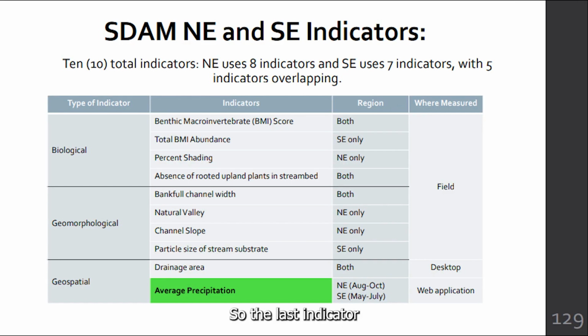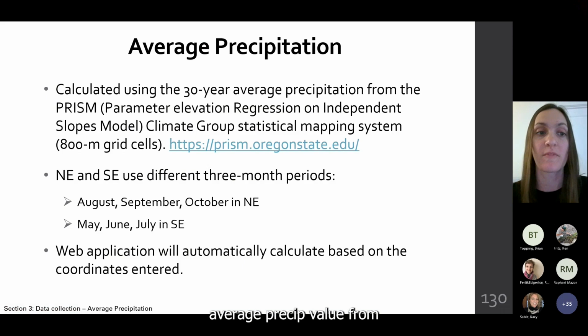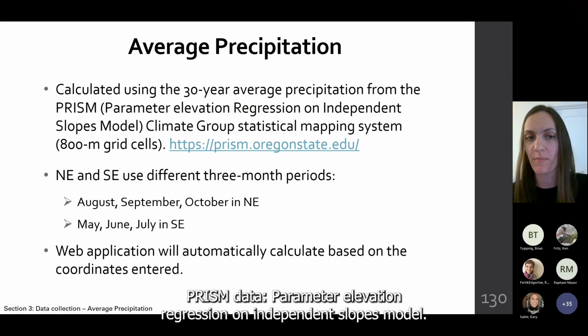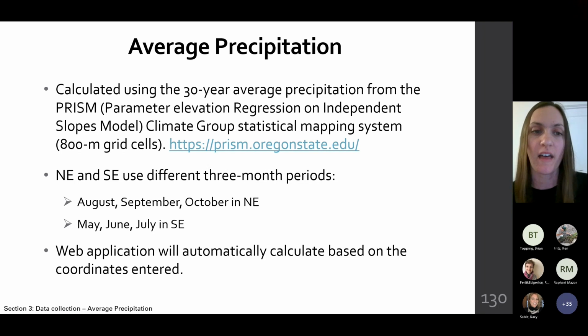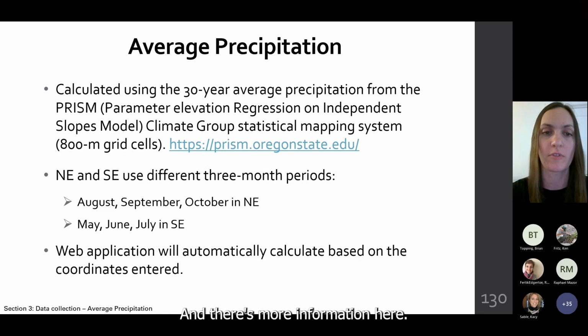Okay, so the last indicator I'll be discussing is average precipitation. Average precipitation is calculated using the 30-year average precip value from the PRISM data, the Parameter-elevation Regressions on Independent Slopes Model. They use 800-meter grid cells essentially, and there's more information here.